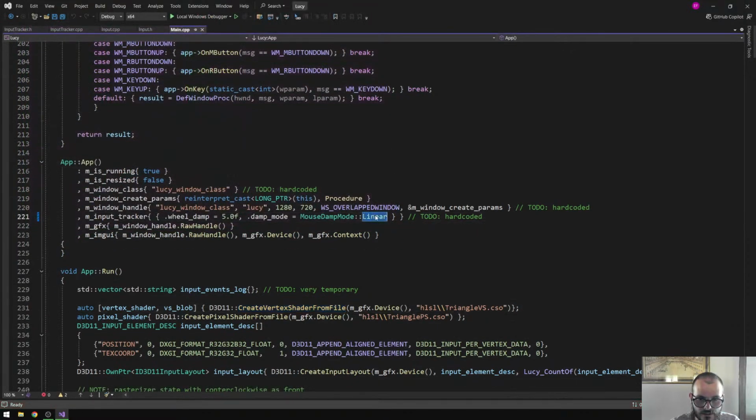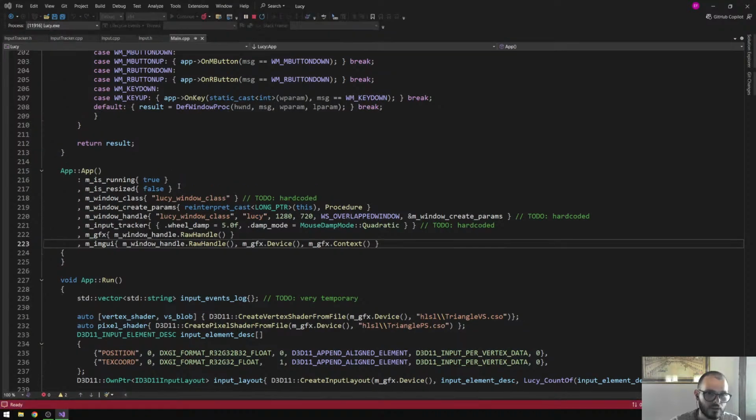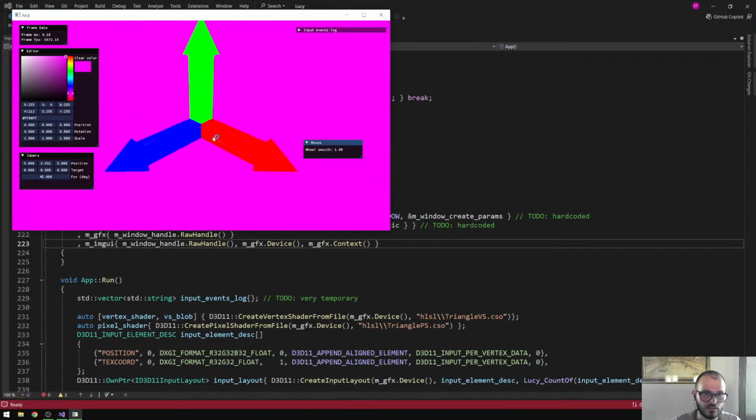The quadratic was not working at all, because it's incredibly slow, as you can see here. It starts from 1, 0.99, 0.96, 95, 94. It's incredibly slow.